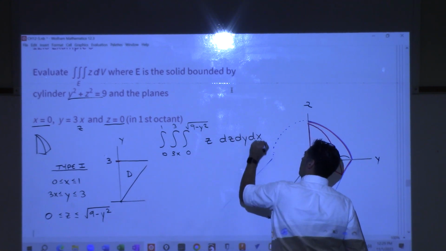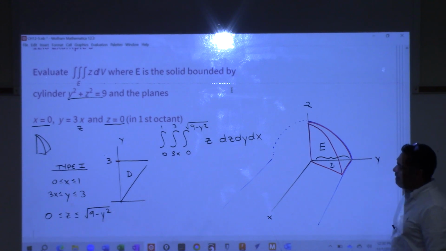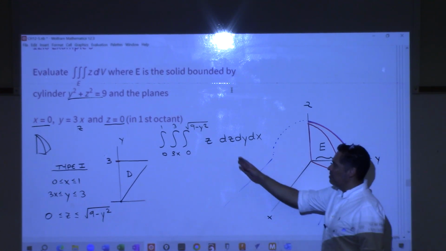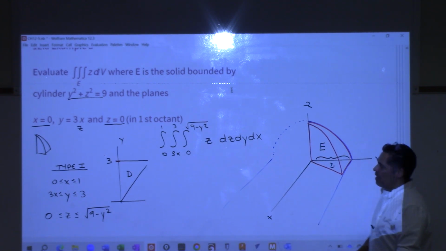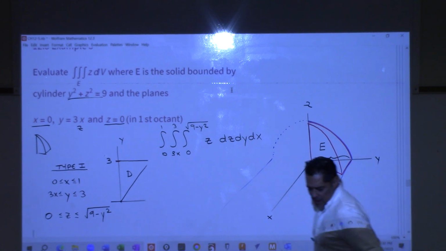Just so happens to be. Now dz, dy, dx, because those are the limits respectively. So you go 1/2 z squared as your antiderivative, and then you plug in that for z, it squares and the square root goes away. So it turns out to be not as bad as it may look, but we're just here to set things up at this point. We are not grinding these things out.